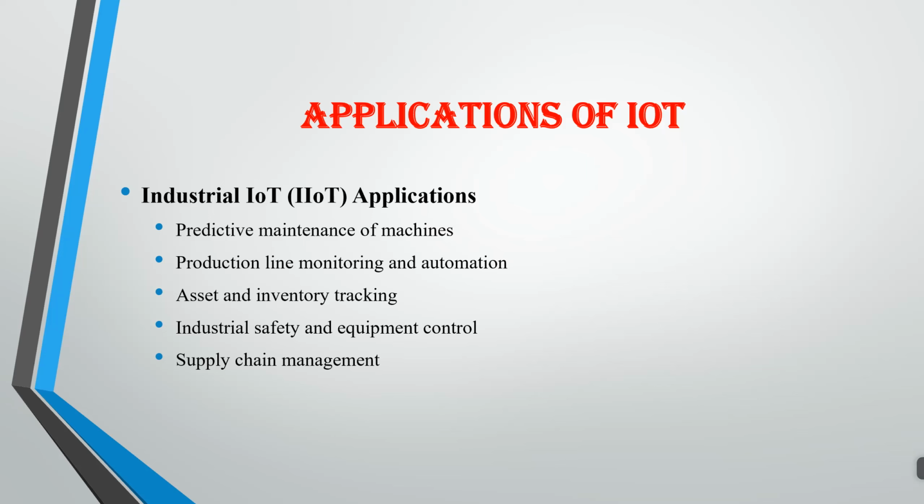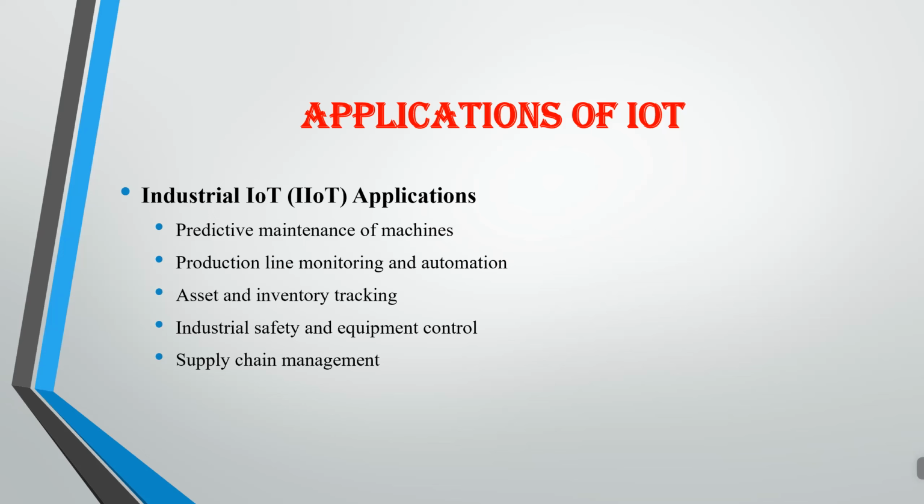What are the items which are present there? Where is the particular item? What is the state of that item? Do you really require the inventory to be updated, or does your inventory have enough quantity of the same? So everything is tracked by using IoT.